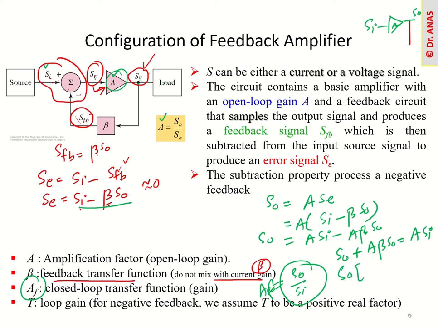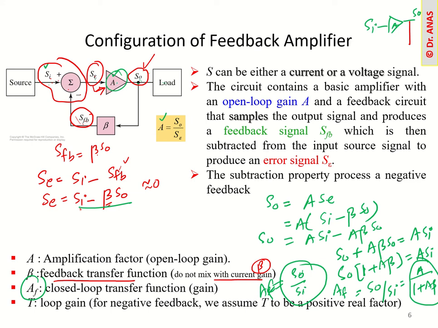If you take S naught common, we get S naught times (1 plus A beta) equals A times Si. So the ratio of output over input will be A over 1 plus A beta. That is our closed loop transfer function.